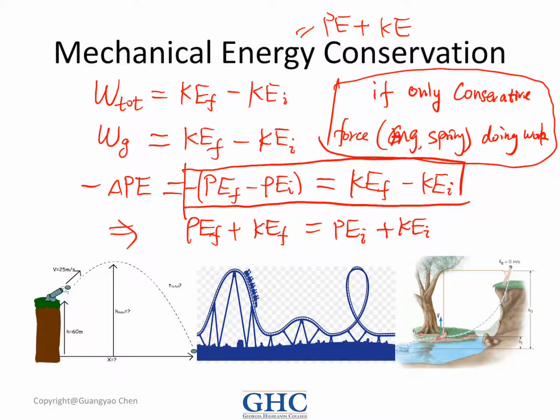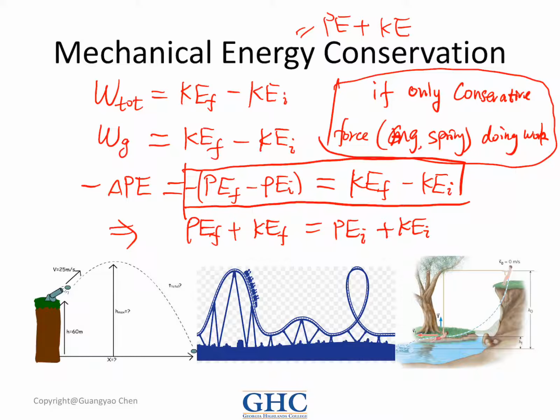Now let's look at a few examples where mechanical energy is indeed conserved. Let's neglect any non-conservative force: resistance, friction, air resistance. We assume all of that is zero.